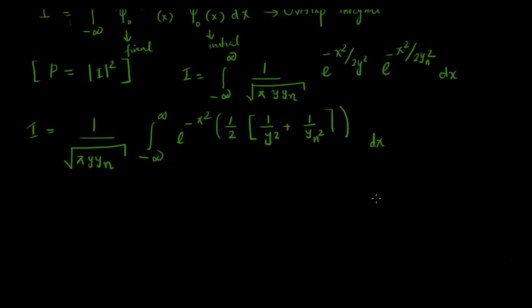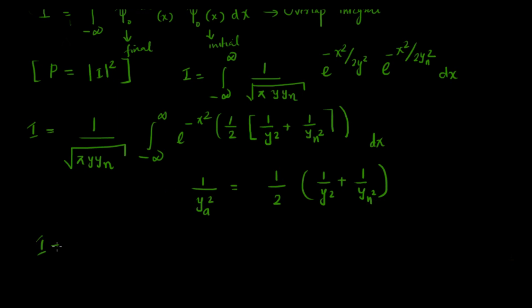Okay, so I'm going to make a substitution here. I'm going to assume 1 by ya squared to be equal to 1 by 2 times 1 by y squared plus 1 by yn squared. That will make our integral very simple.